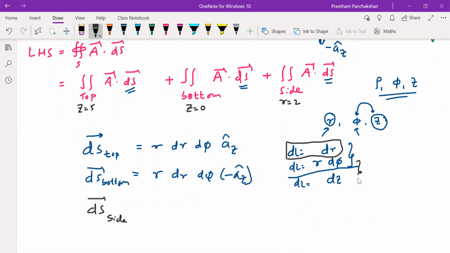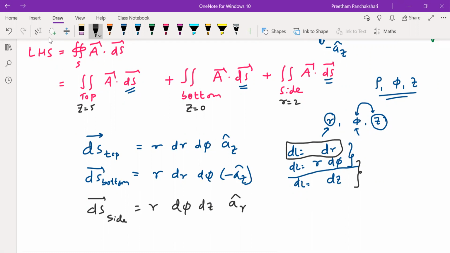So we have to use the other two variables to define ds. When you multiply these two, we get the equation r dφ dz. This gives a differential area on the cylindrical side, but the direction of the cylindrical side is a cap r.